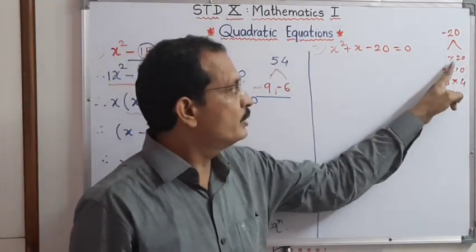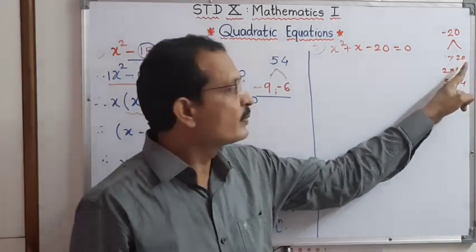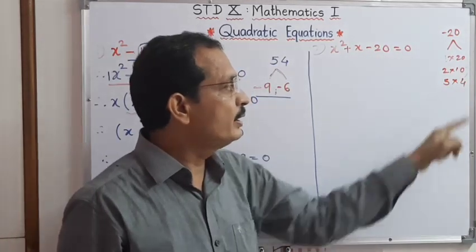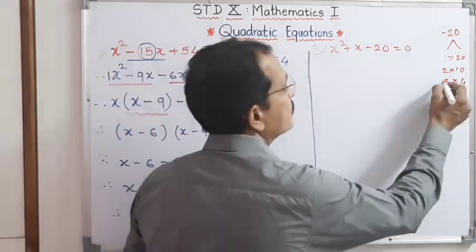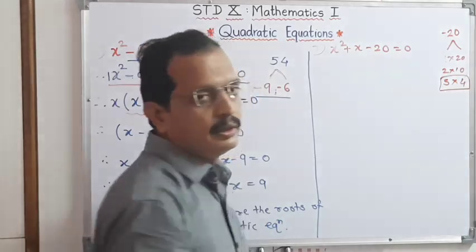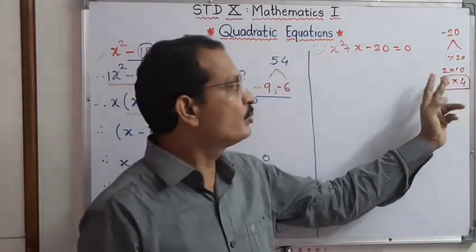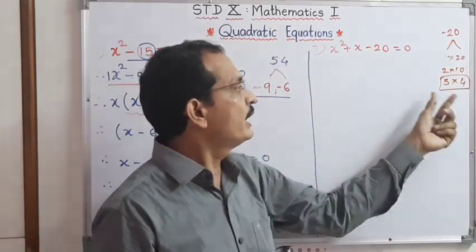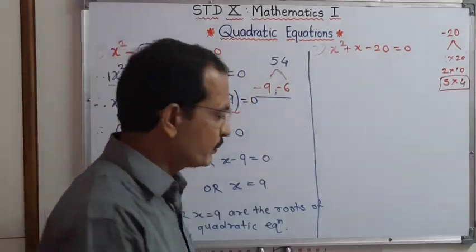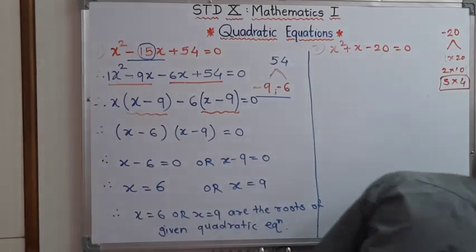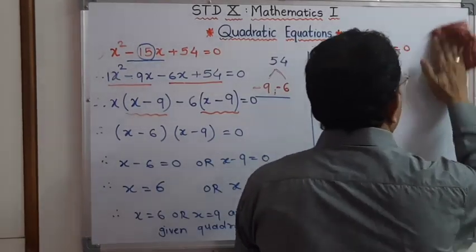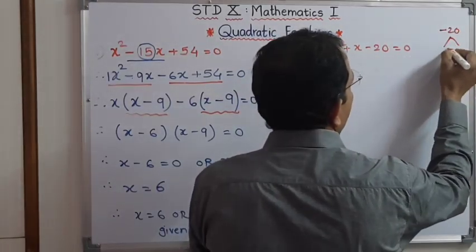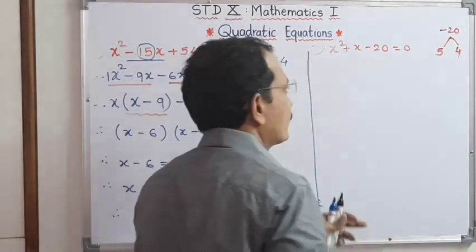Now see, if we subtract it is 19, if we subtract it is 8, here 5 minus 4 is 1. Therefore 5 and 4 follow both conditions. Multiplication is 20 and subtraction is 1, therefore the correct factors are 5 and 4. Therefore we write here minus 20 and the factors are 5 and 4.